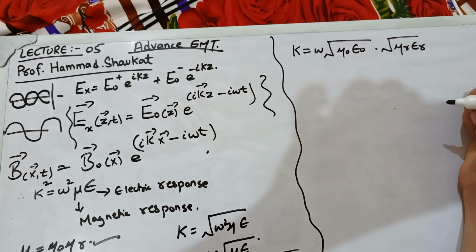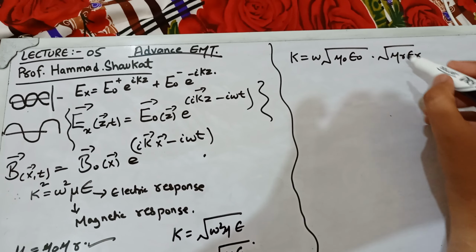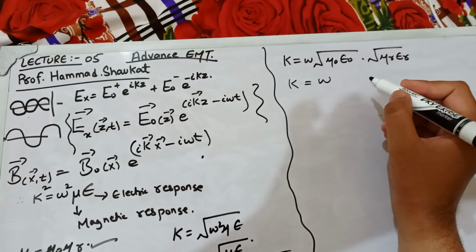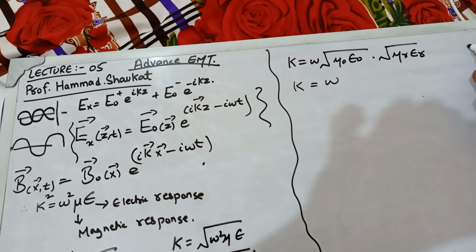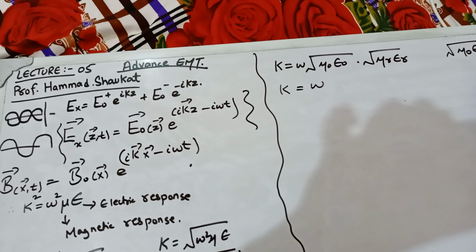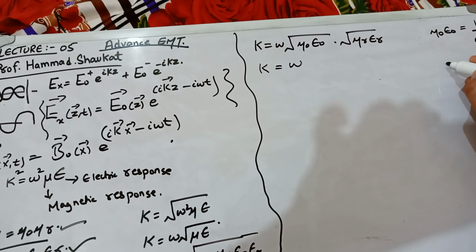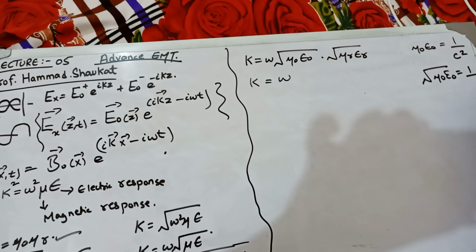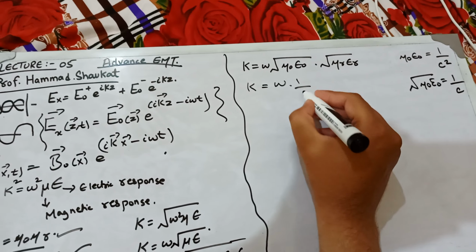And you already derived this: mu naught and epsilon naught equals 1 by c squared. So if you take the square root, the square root of mu naught epsilon naught equals 1 by c. So this becomes multiplied by 1 by c.